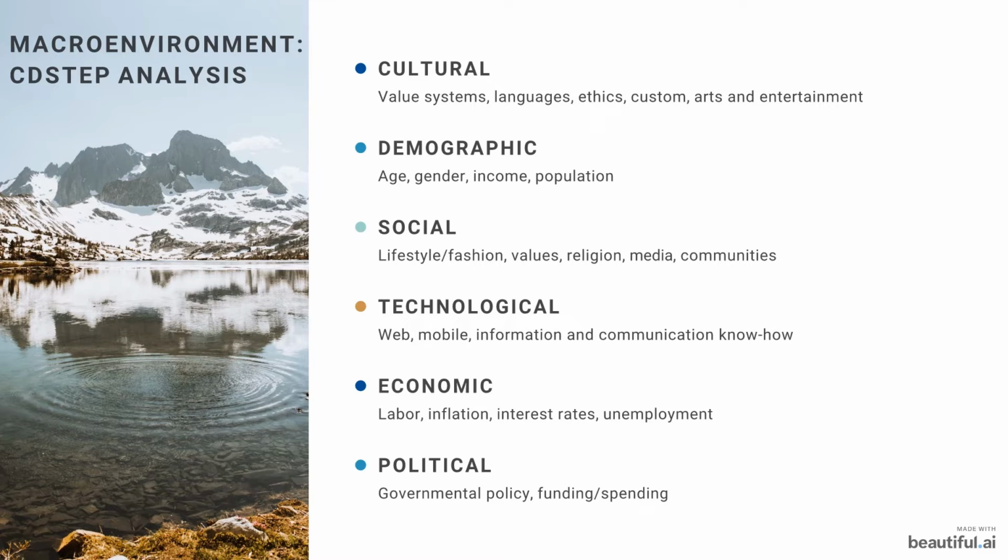It looks at the demographics at the period of time, the different social elements, the different technological elements, the different economic elements, and the different political elements. And some might even add some of the ecological elements that are going on in the broad environment, the actual physical environment and the natural world.